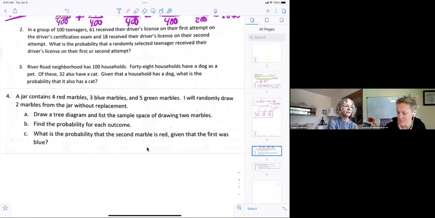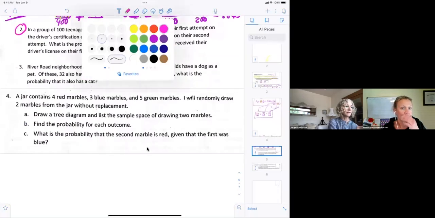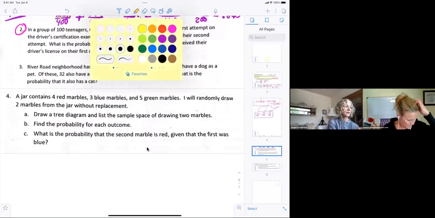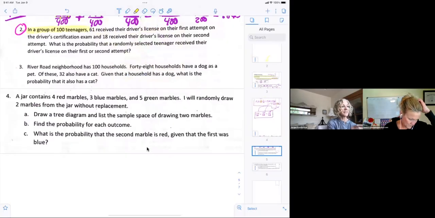Problem number 2. In a group of 100 teenagers, 61 received their driver's license on the first attempt on the driver's certification exam, and 18 received their driver's license on their second attempt. What is the probability that a randomly selected teenager received their driver's license on the first or second attempt?